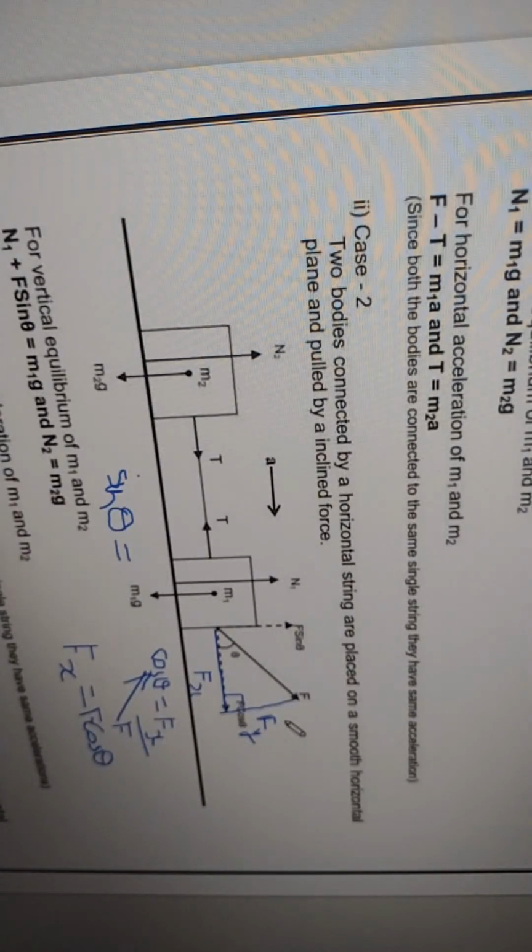So sin theta is equal to Fy by F. By cross multiplication, Fy is equal to F sin theta.